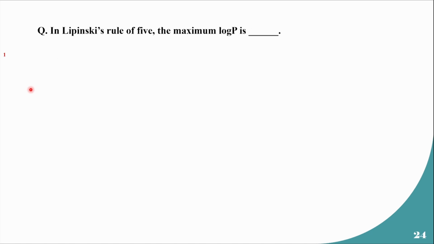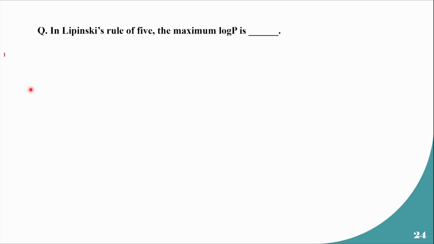Now, one of the widely used pharmacological parameters in drug discovery projects, to evaluate your compounds, small molecular compounds, is Lipinski's rule of 5. There are certain criteria that a drug molecule has to fulfill to be considered as a potential candidate.